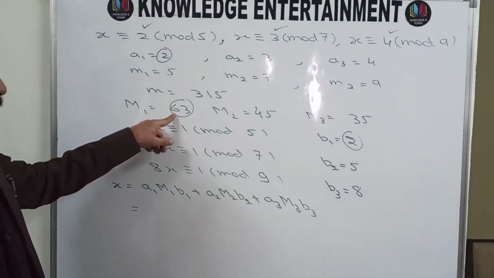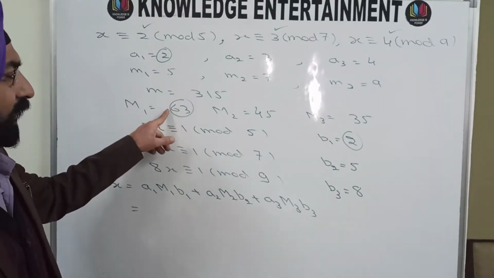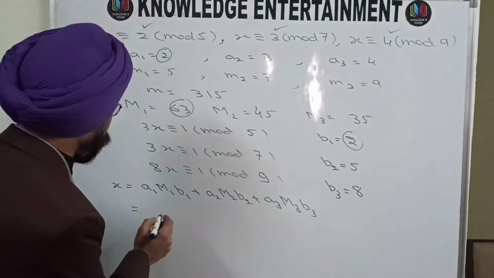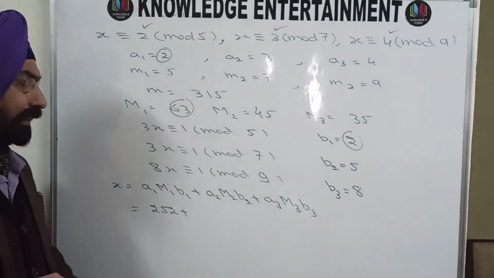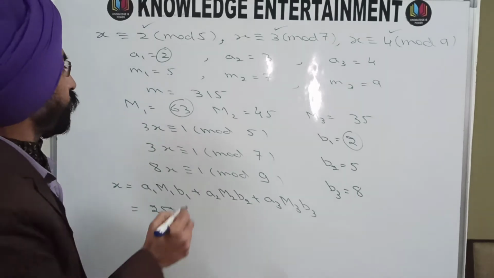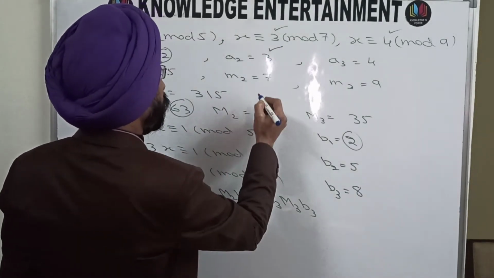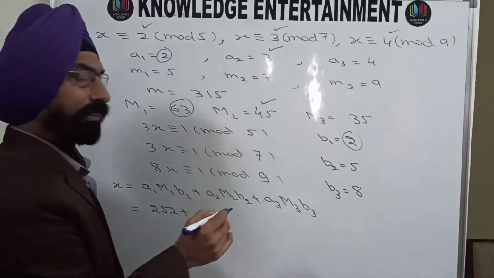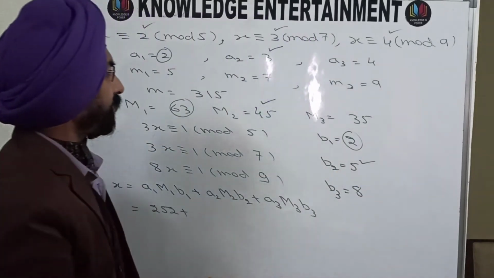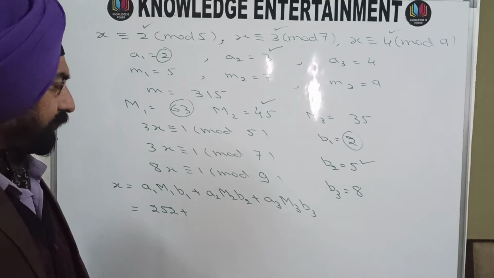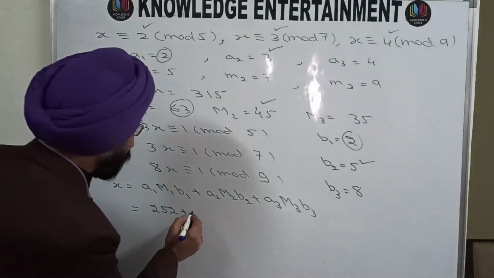So 2 into 63 is 126 and 126 into 2 is 252. So it is 252 plus. Now a2, M2, b2. So here your a2 is 3, 3 into 45 is 135. 135 into 5 is 675, I think.